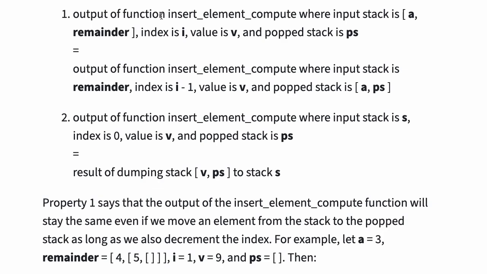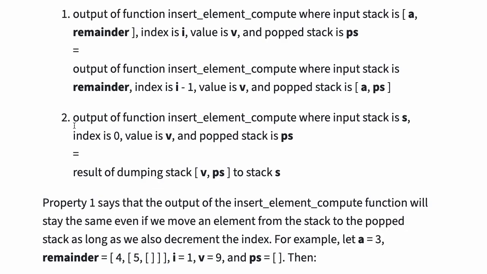Property 1: the output of function insert element compute, where input stack is a, remainder, index is I, value is v, and the pop stack is ps, is equal to the output of the function insert element compute, where input stack is remainder, index is I minus 1, value is v, and the pop stack is a, ps.